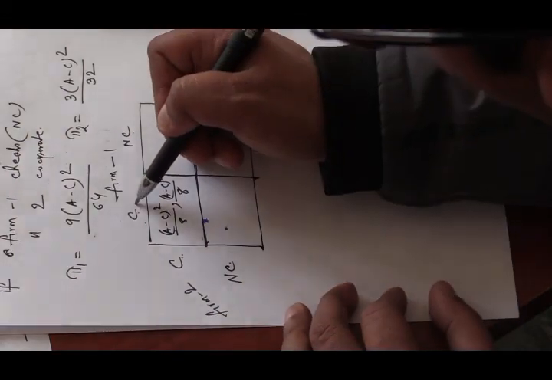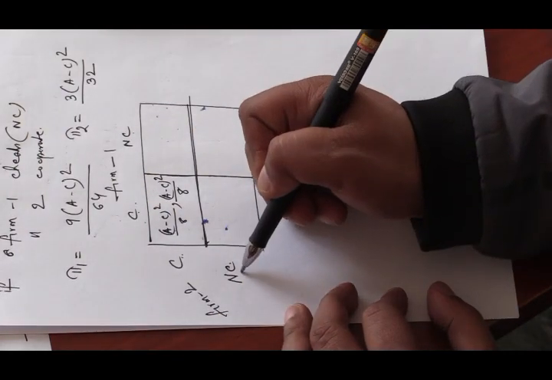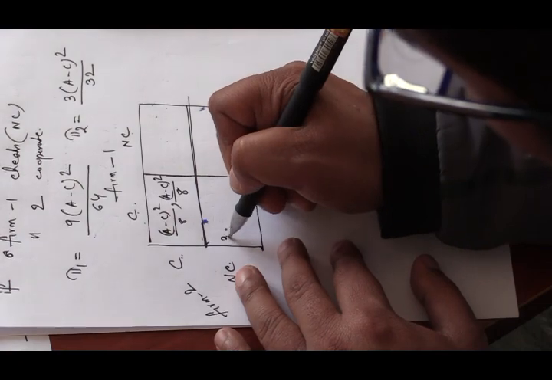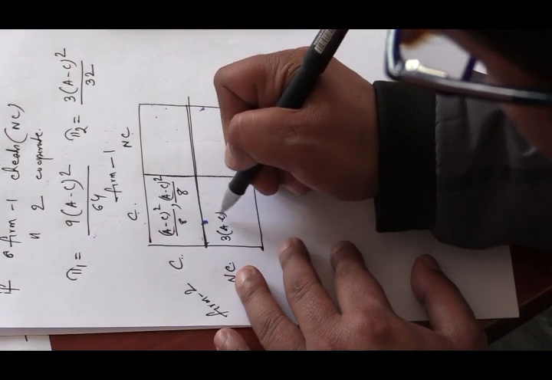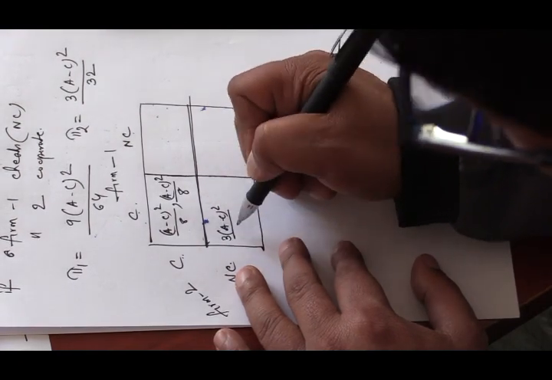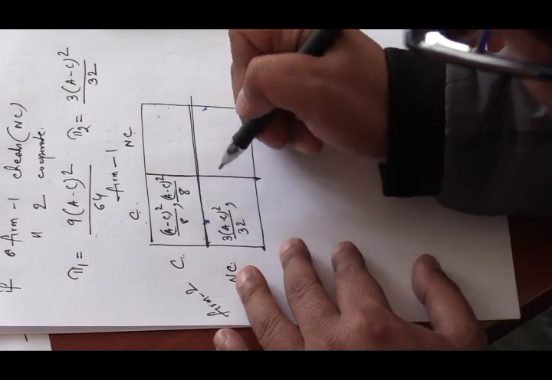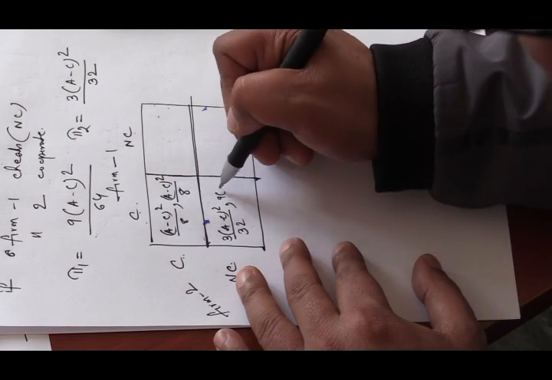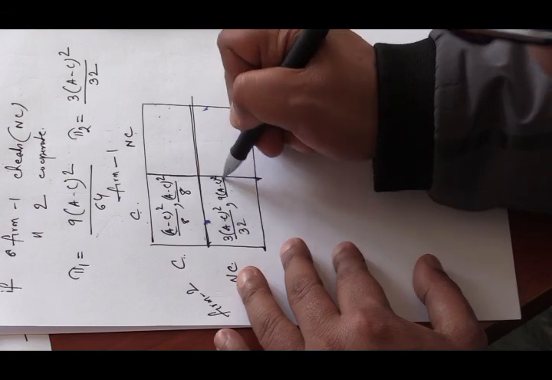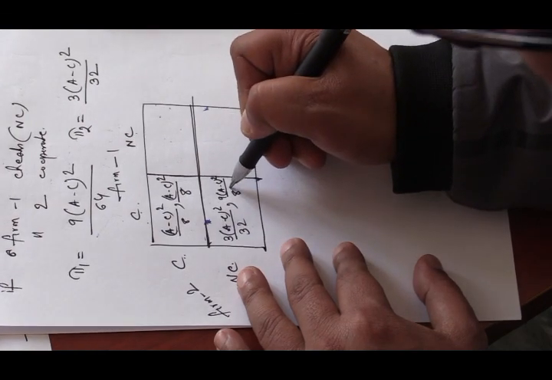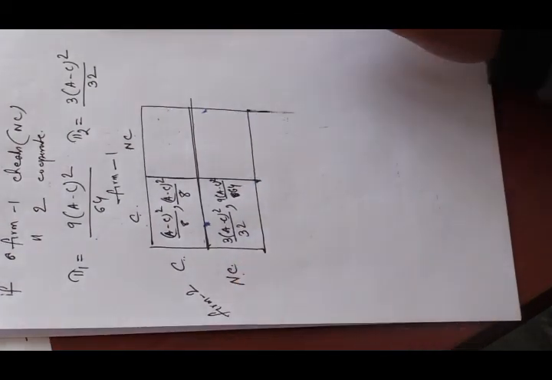If farm 1 cooperates but farm 2 does not cooperate, then farm 1's profit will be 3 into (a minus c) whole square by 32, and farm 2's will be 9 into (a minus c) whole square by 64.